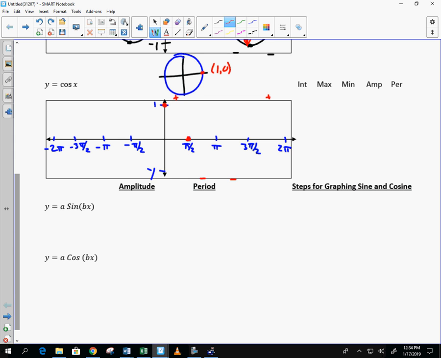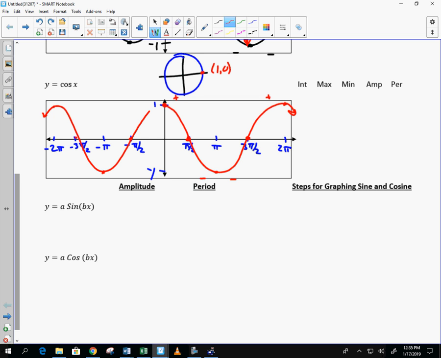What is the x value of the terminal point at pi? -1. What's the x value terminal point at 3 pi over 2? 0. What is the x value of the terminal point at 2 pi? 1. And so you can see we're above, we're below, we're below, we're above. That matches what you said about positive and negative. And that shape continues on the other side.